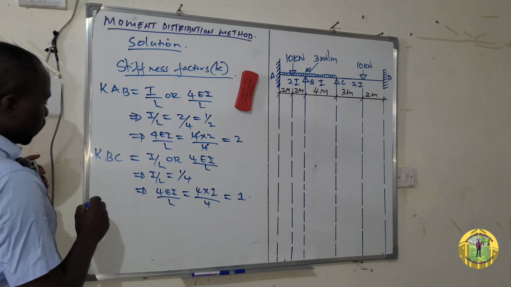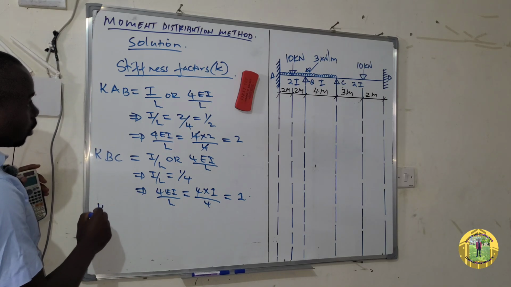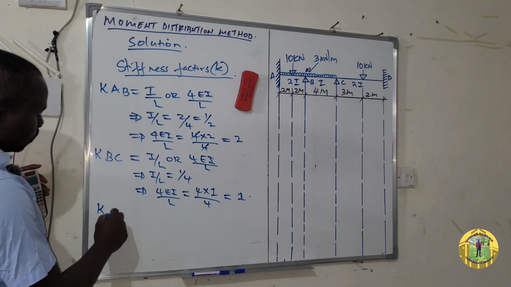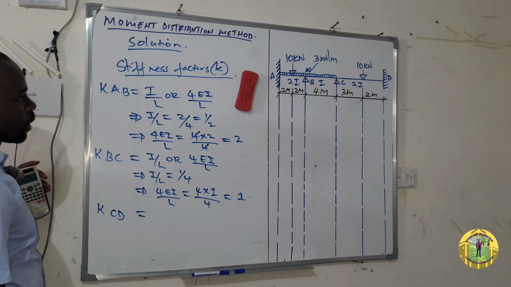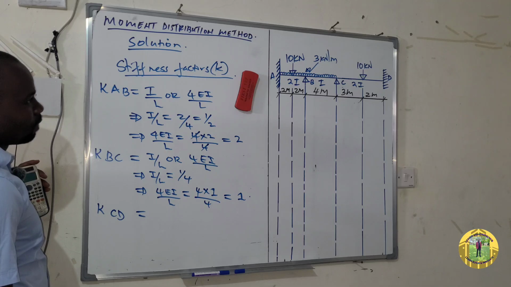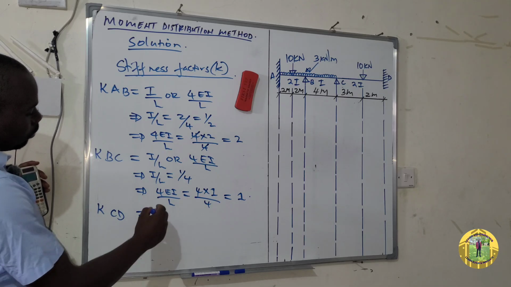And then we proceed to KCD. So as you can see, for CD, the farthest joint is D, which is fixed. So the formula remains the same.